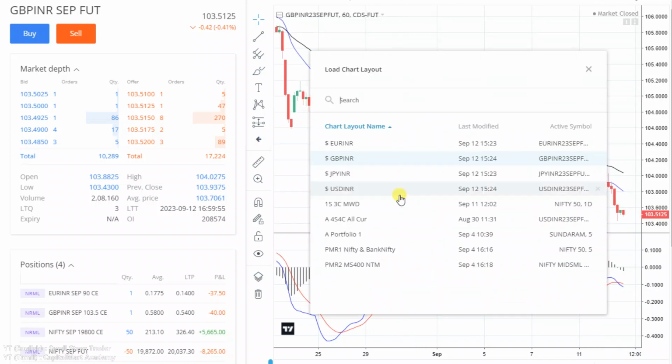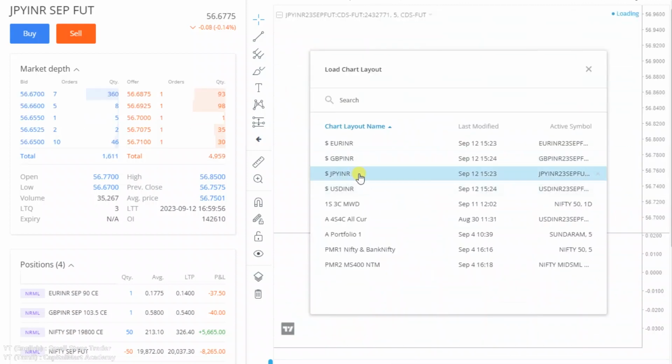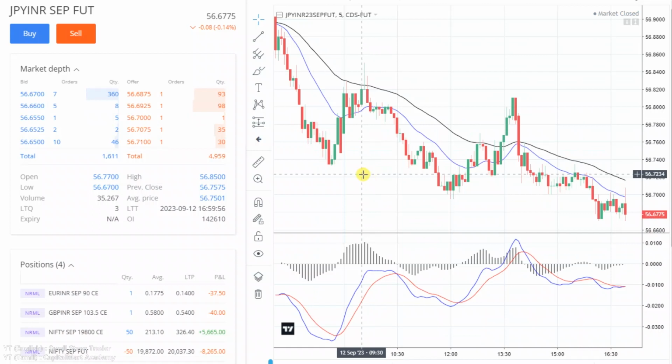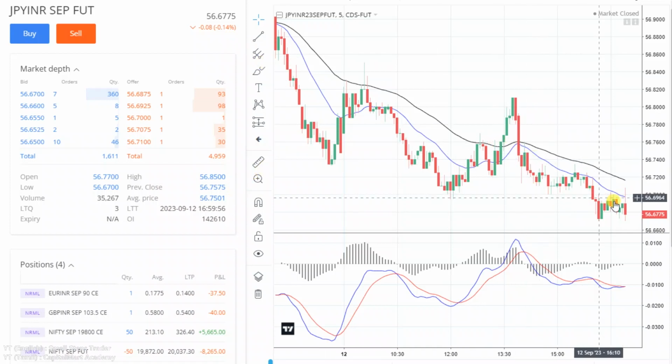Now we will see JPY. JPY previous close 56.75. It closed 8 paise negative, and it is consolidating here. So it is still in the downtrend only. But if you see the consolidation, clearly both the signal and the MACD line are kissing each other, hugging each other.